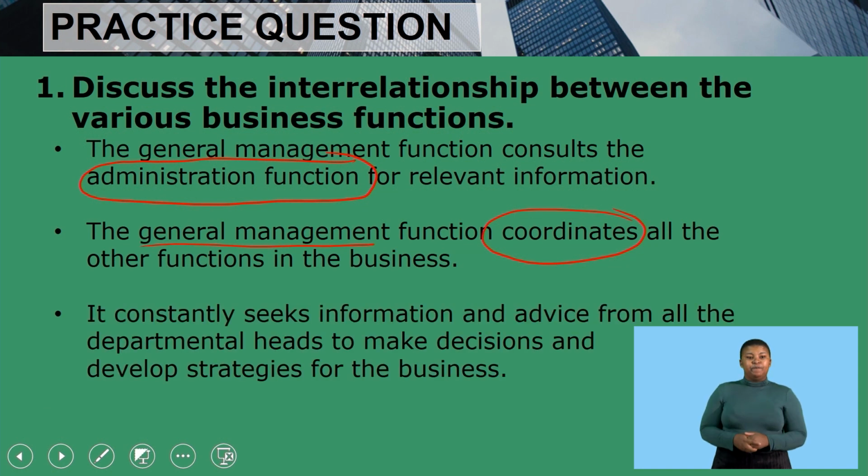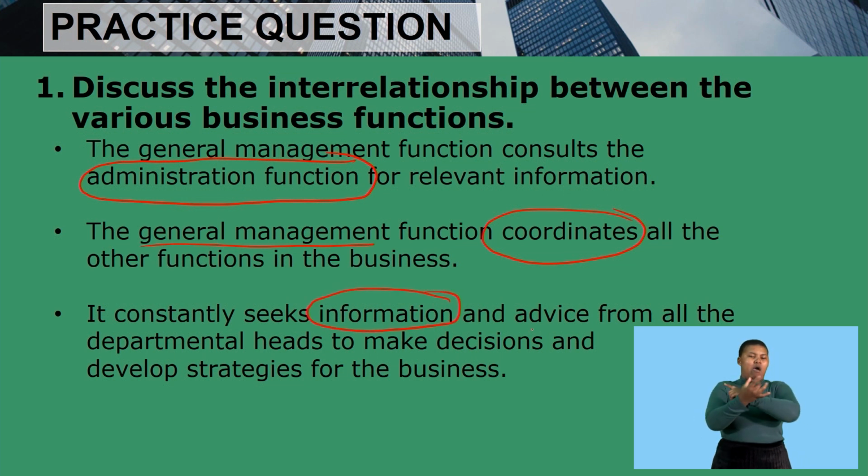And it also constantly seeks information and advice from all of the departmental heads to make decisions and develop strategies for the business. So here we can see what the relationship is between the various business functions.